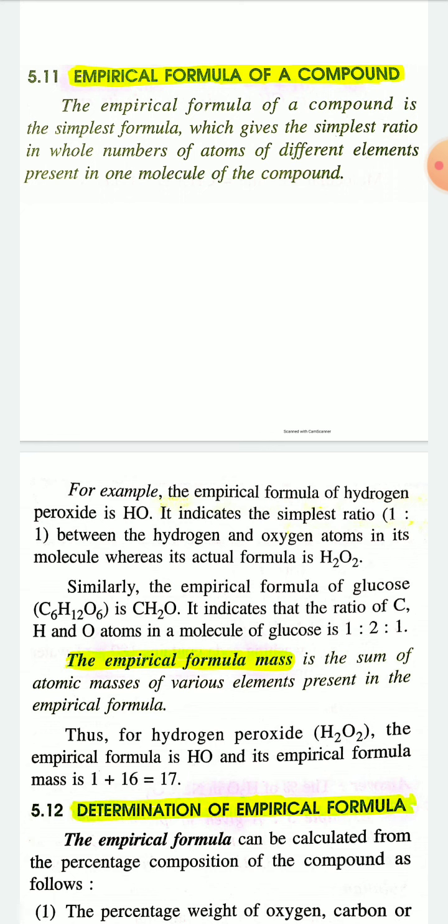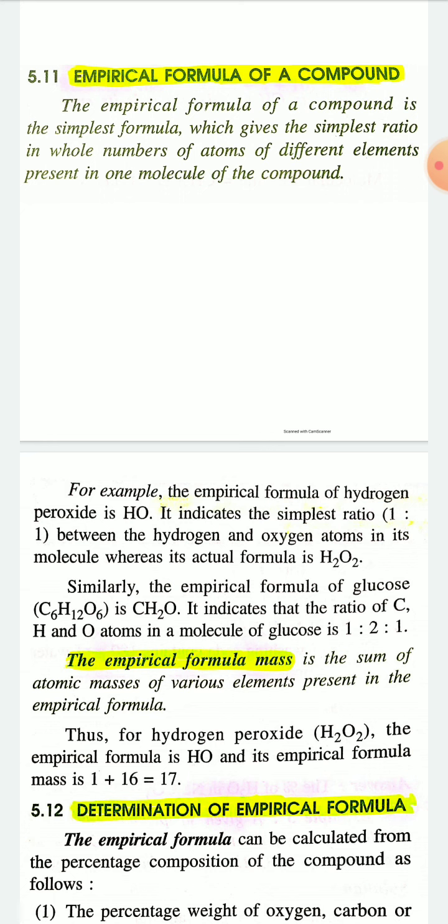For example, the molecular formula of hydrogen peroxide is H2O2, but the empirical formula is HO. So the empirical formula mass of hydrogen peroxide is 1 plus 16, 1 for one hydrogen atom and 16 for the oxygen atom.